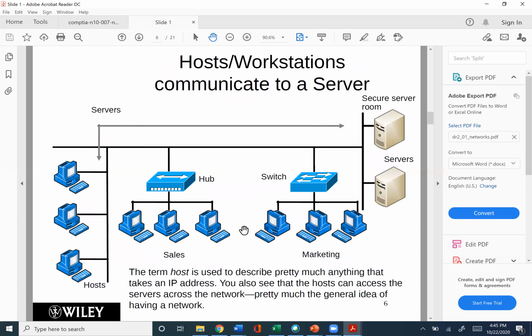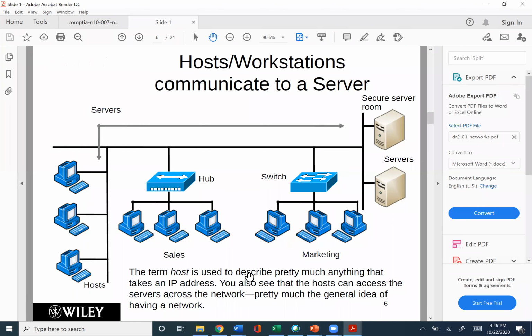Right. So this is understanding the differentiation between a host, or workstation, and communication to the server. If you hear the word host or the word workstation, a host is anything on the internet. It describes pretty much anything that has an IP address. Your cell phone could be a host. We don't usually call a cell phone a host, but technically it is, because it has an IP.